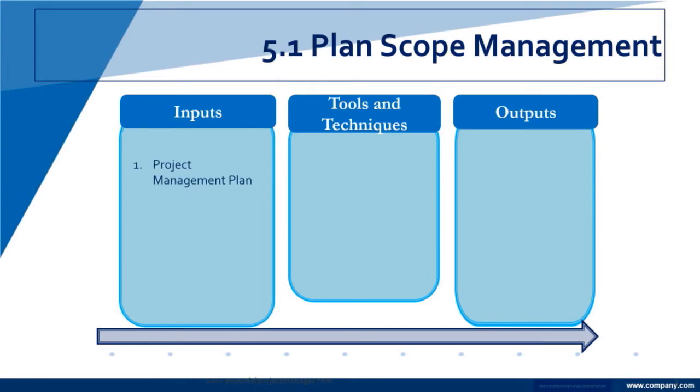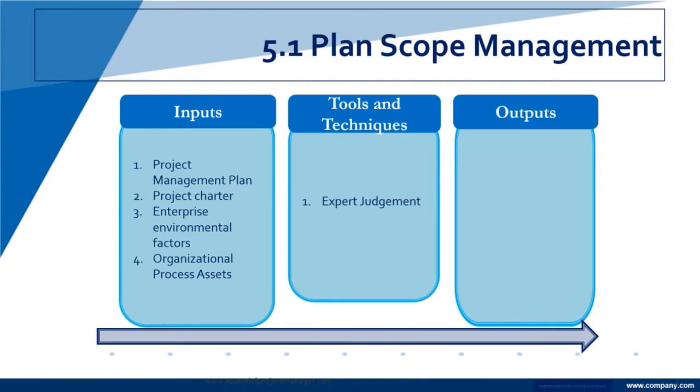The inputs here, we have the project management plan, the project charter, enterprise environmental factors, organizational process assets. We use the tools of expert judgment here as well, and meetings. And the output is our scope management plan.